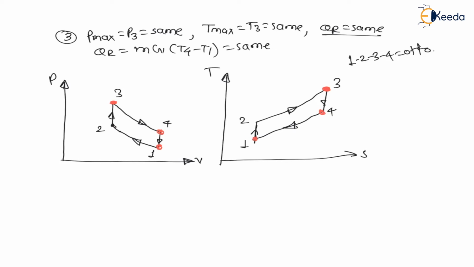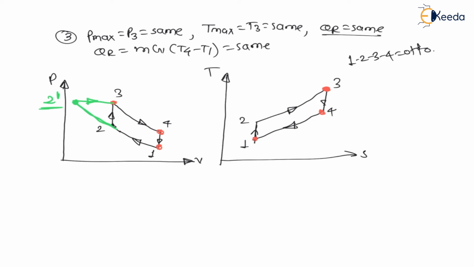Now let us draw the diesel cycle. My dear students, for the diesel cycle, the process 2 to 3 is constant pressure heat supply. Therefore from 1 to 2 dash we will go like this, reversible adiabatic compression 1 to 2 dash, right. 2 to 3 constant pressure heat supply, right. Therefore 2 dash will be here.